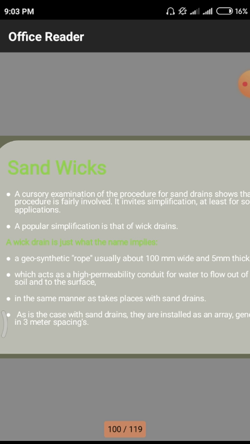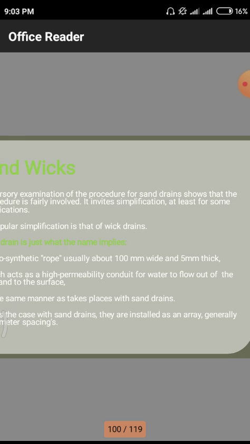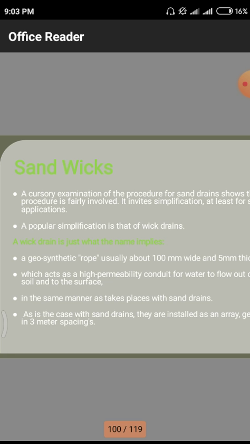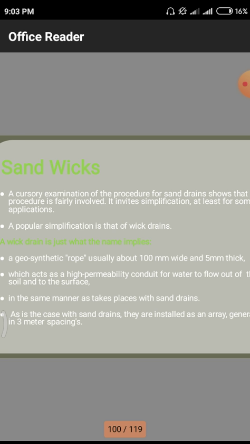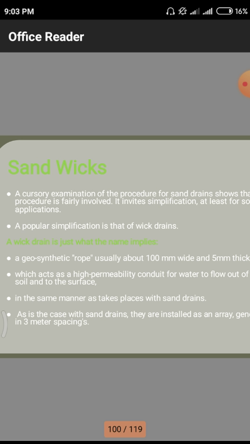Next one, it acts as a highly permeable material to conduct water flow from the particular soil to the surface. That means whatever water is present in the soil will flow through these geosynthetic ropes in the same manner as takes place in the sand drains. So the same principles we are using in these sand drains also.